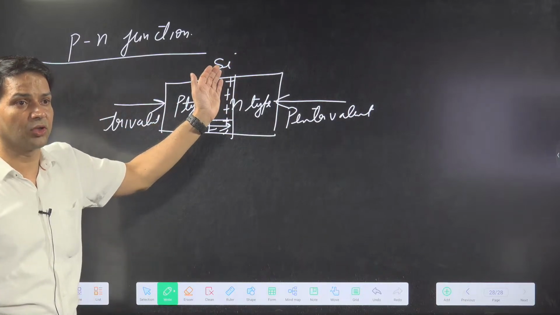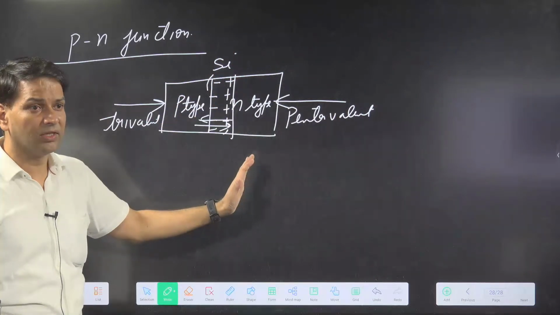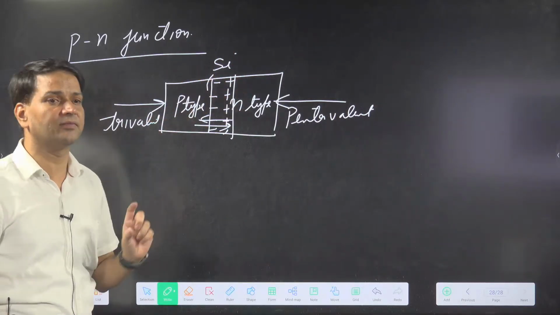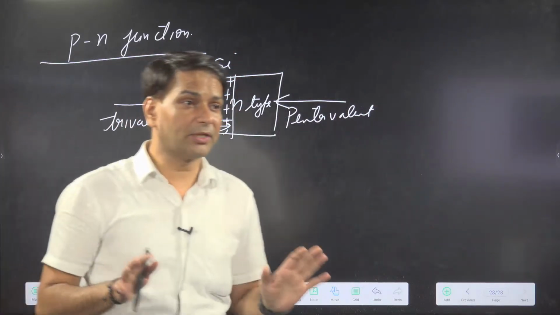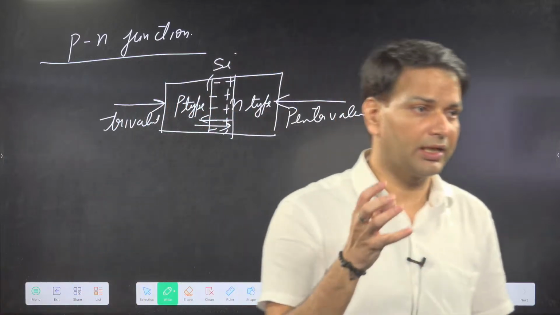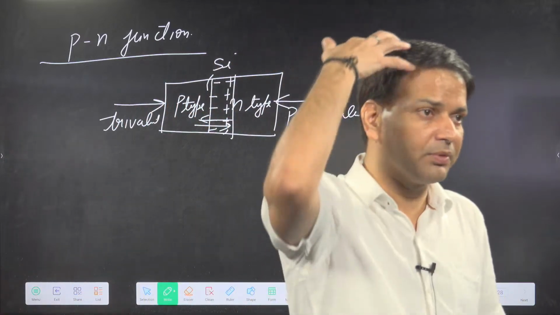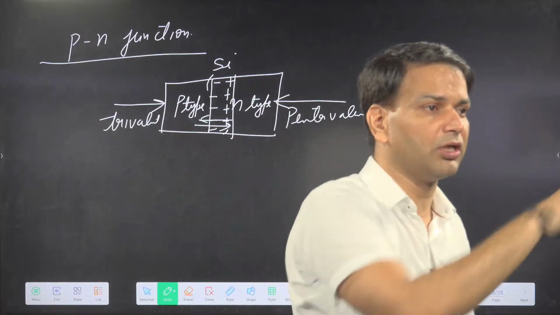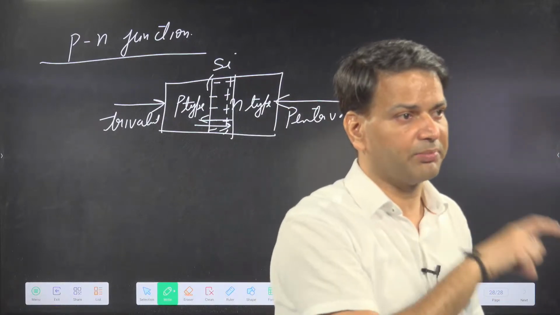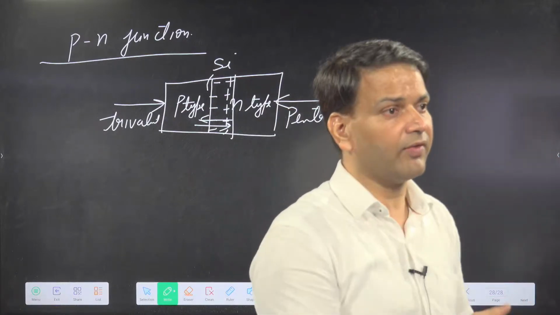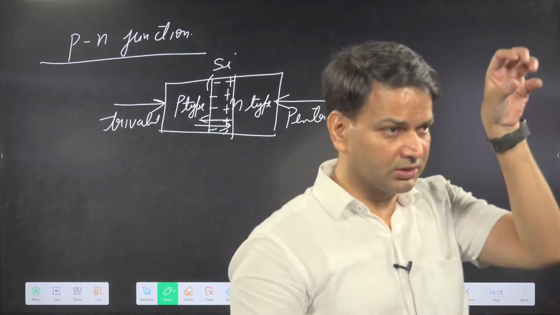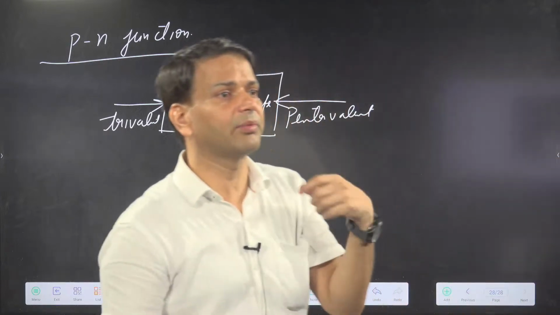So what they make at the PN junction: on the N side positive charge develops, and on the P side negative charge develops. I'm not saying the majority charge. This develops due to what? The N type semiconductor gave the electron to the hole, so the hole receives the electron and becomes a negative charge, so that is a negative atom. The atom which has given the electron becomes the positive charge.